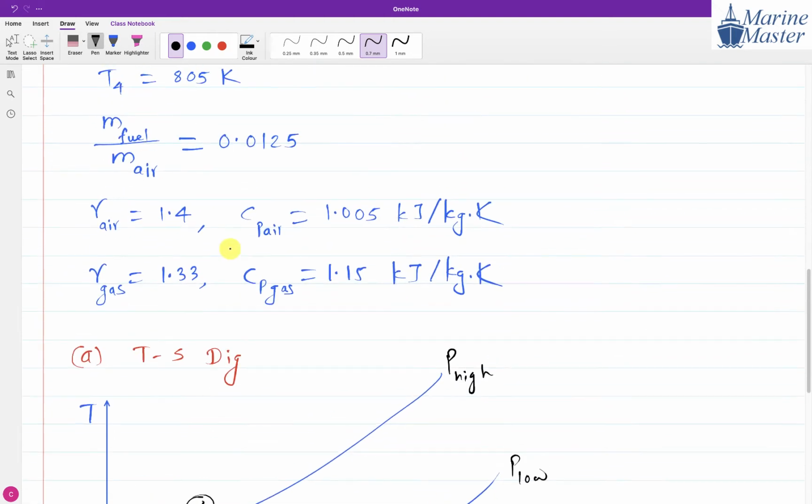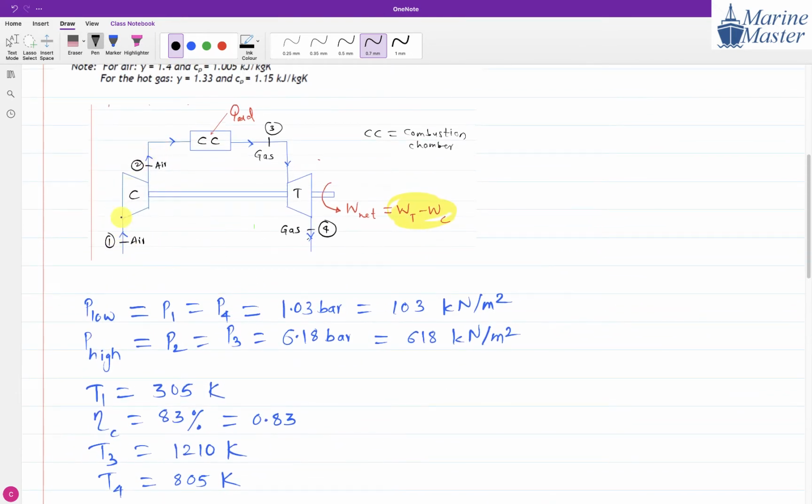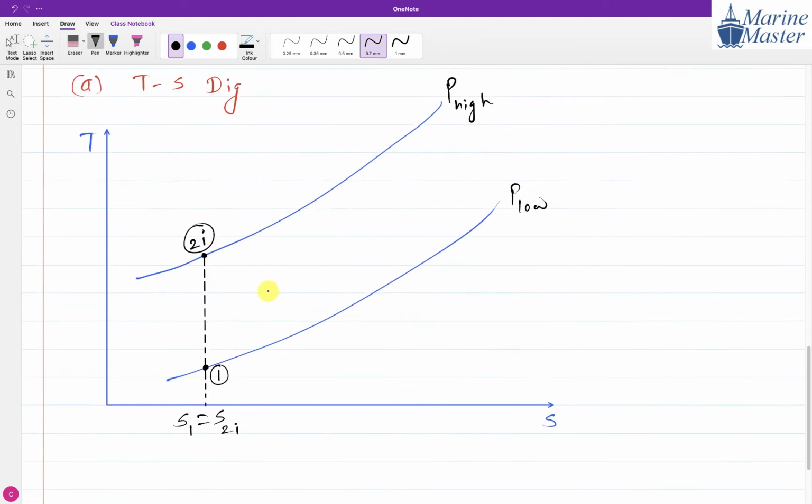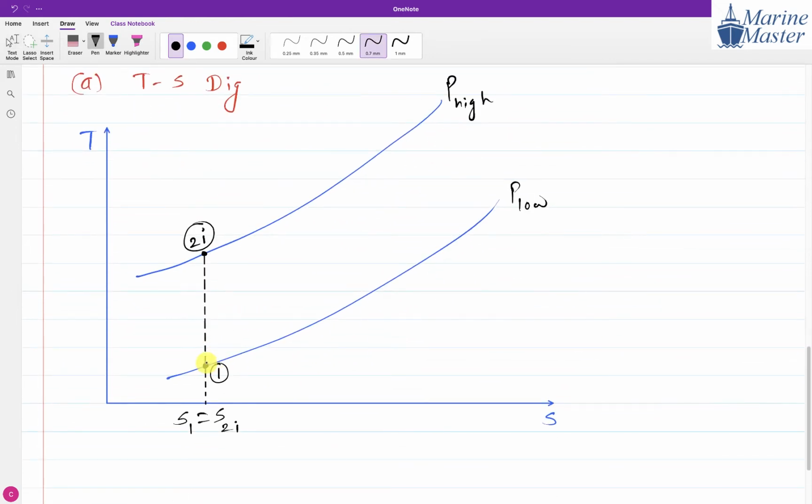Next, actually 1 to 2 will be non-isentropic compression. Then 2 to 3 will be constant pressure heat addition, so we will follow this line.